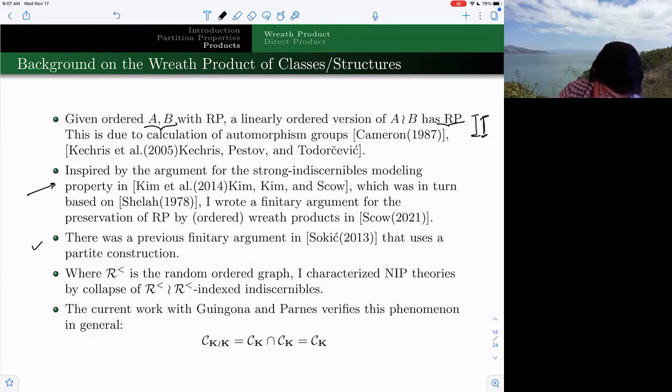Anyway, I had thought that's really nice with the wreath products and characterizing NIP theories by collapse of the indiscernibles, and thought I was really clever, but actually it's true in general that for the class characterized by this kind of product of two ages, you don't get anything different.